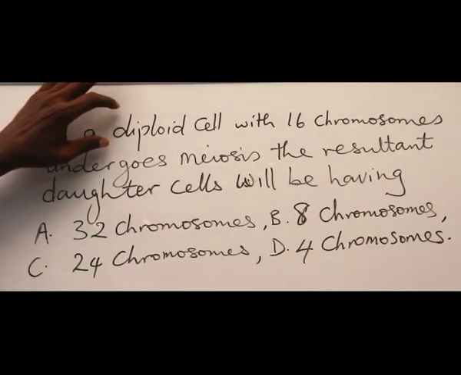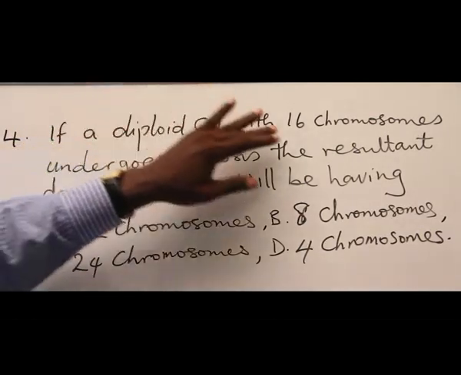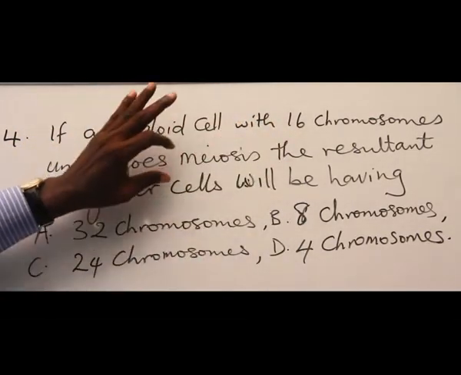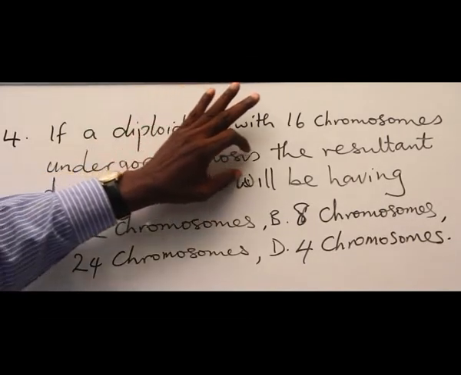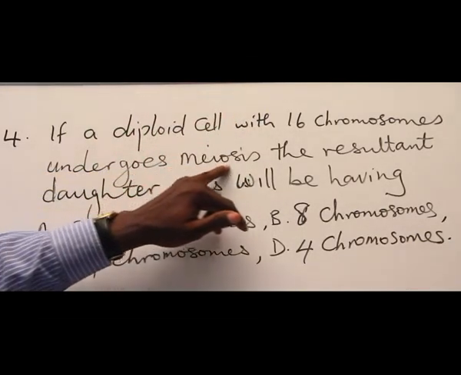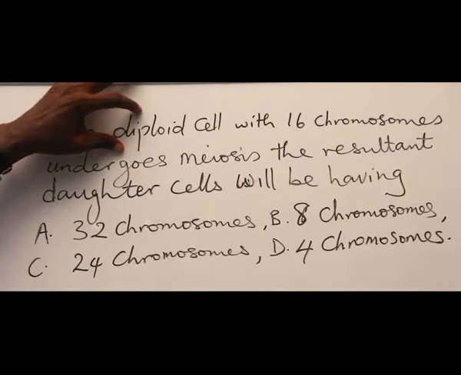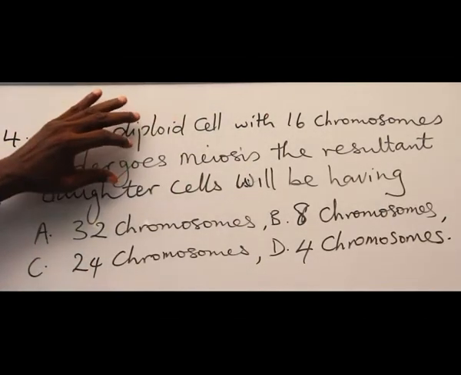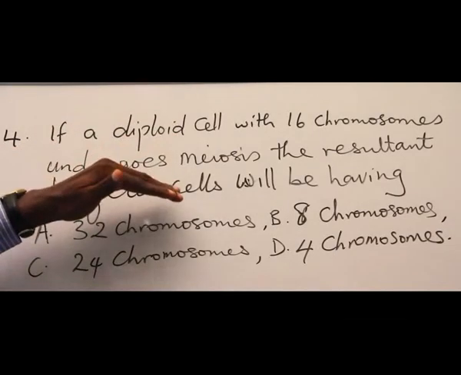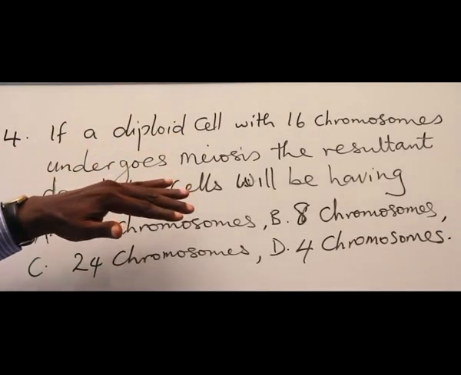And this cell with pairs of homologous chromosomes is now undergoing reduction division to produce gametes. In other words, the chromosomes that are originally in the somatic cell will be halved during the division.